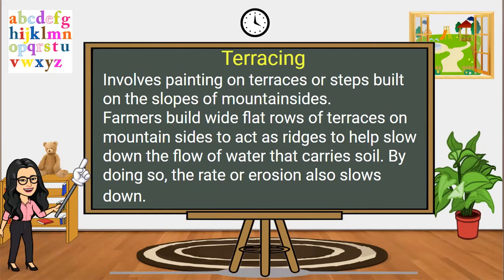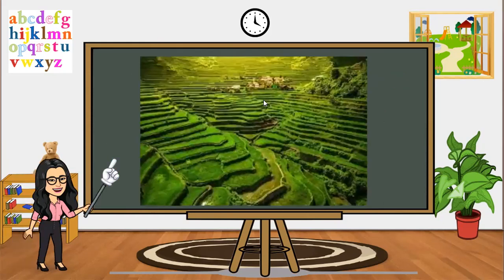Farmers build wide flat rows of terraces on mountain sides to act as ridges to help slow down the flow of water that carries soil. By doing so, the rate of erosion also slows down. So that is an example of rice terraces or terracing.